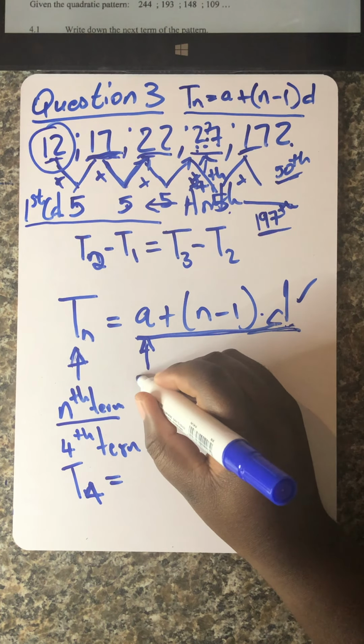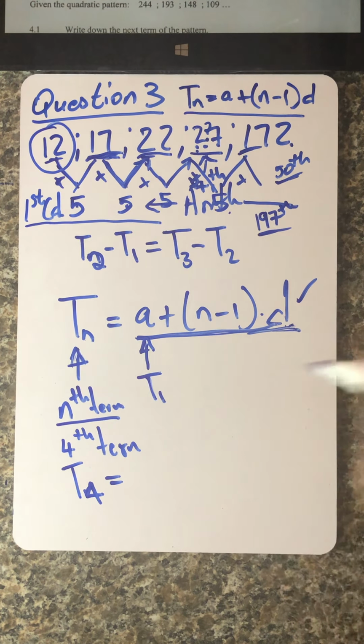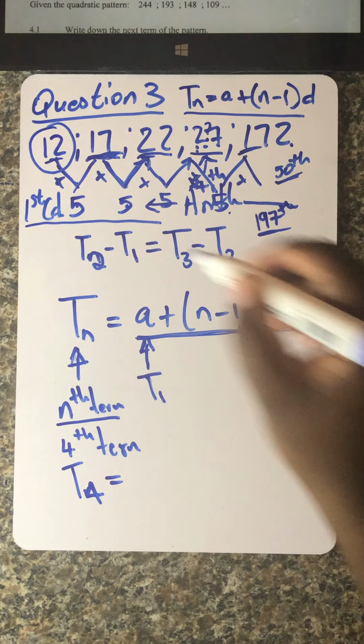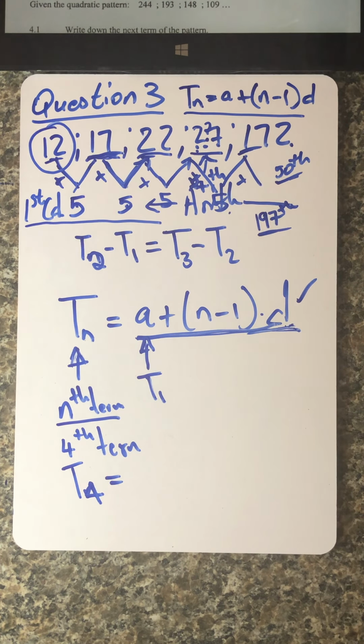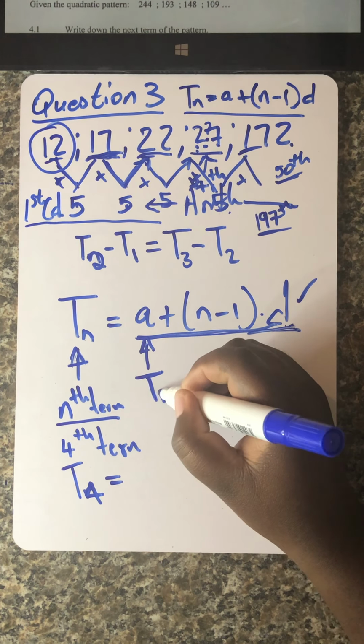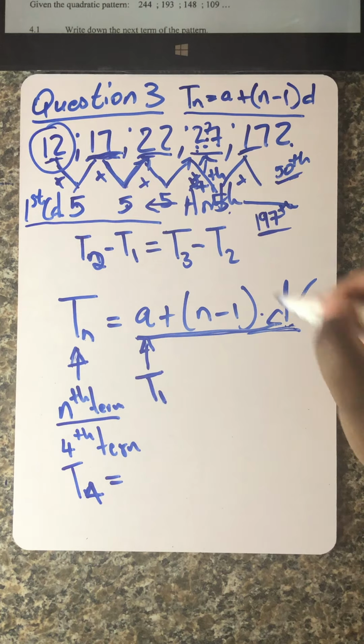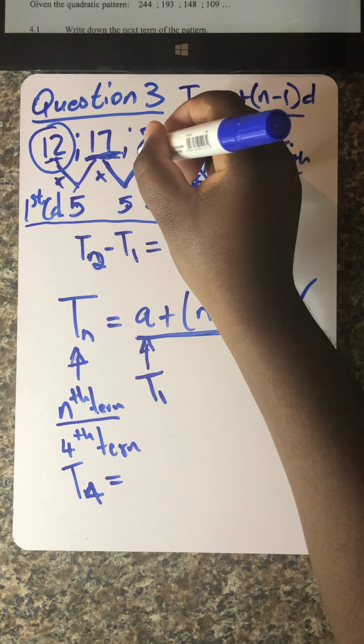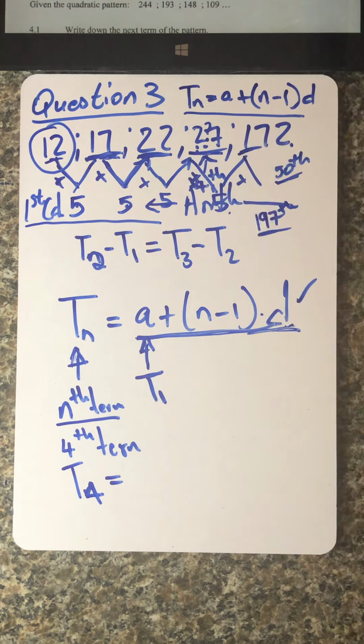And again, we can refer to this A as T1. You've got A, which is the first term of the sequence or the first term of the pattern, and we can refer to it as term 1. So that means this is T2, this is T3, this is T4.